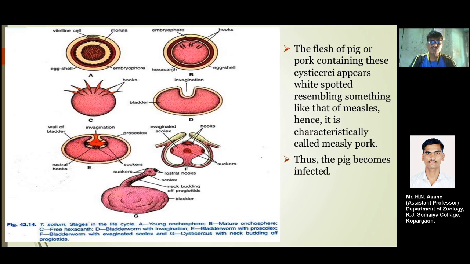okay. So the flesh of a pig, or pork, containing these cysticerci appears white spotted, okay. These cysticerci, the young oncospores, then the mature oncospores, and these free hexacanth, and all this fetal development of this particular animal is going to get into the human intestine again, okay.